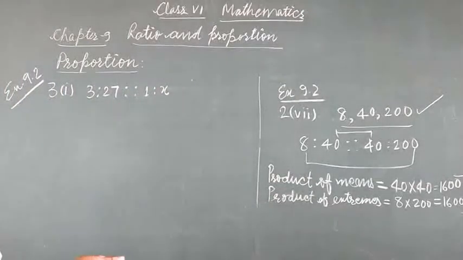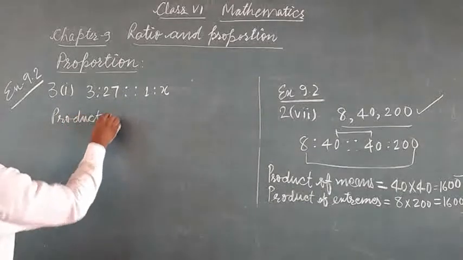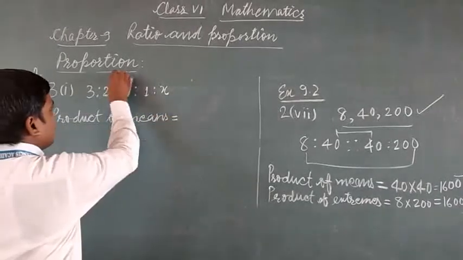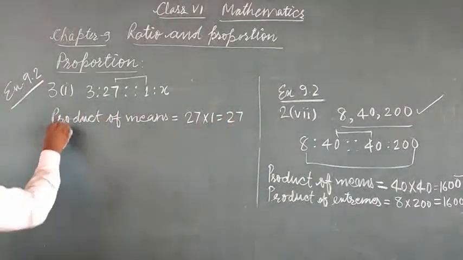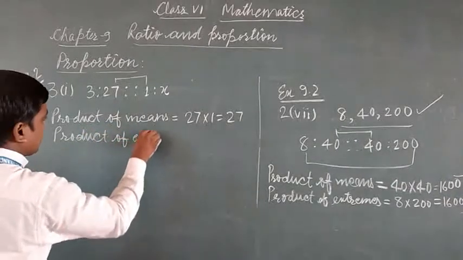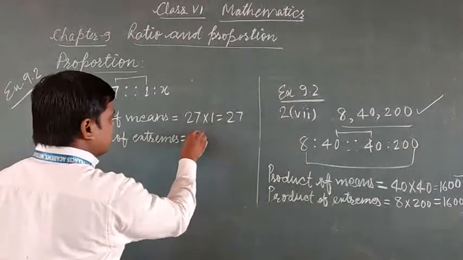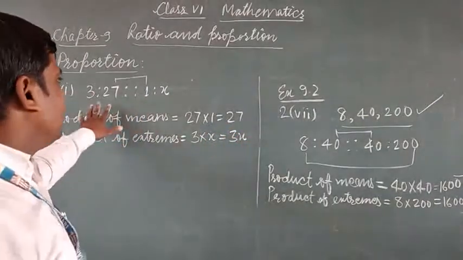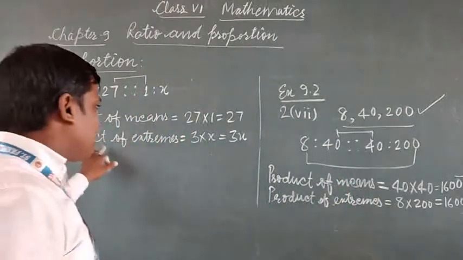So what do we have to calculate? We will calculate the product of means, which is equal to 27 into 1, 27, and the product of extremes, which is equal to 3 into x, that is 3x. Now we know that if two ratios are in proportion, then product of means is equal to product of extremes.